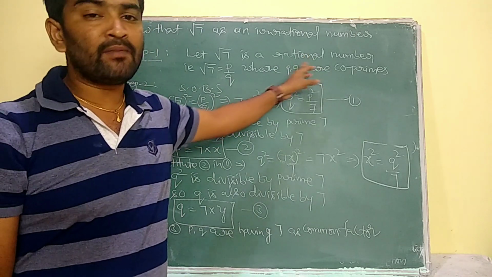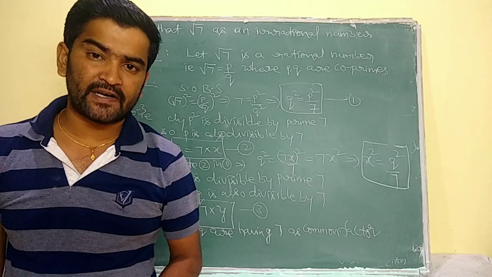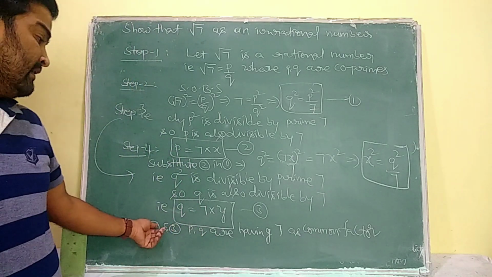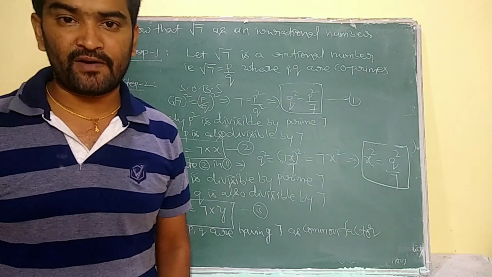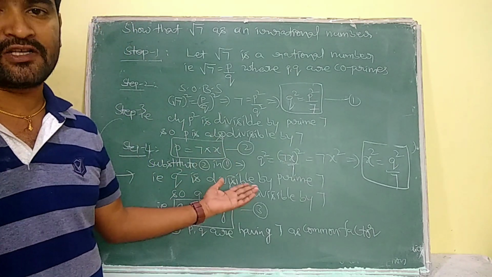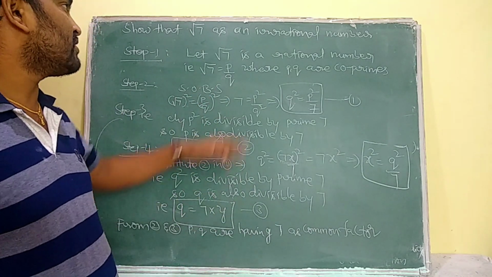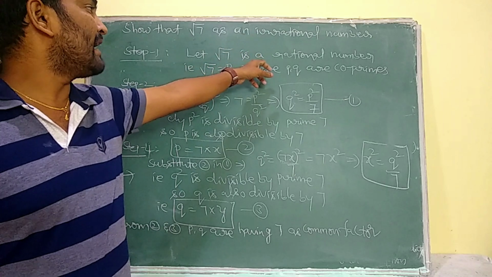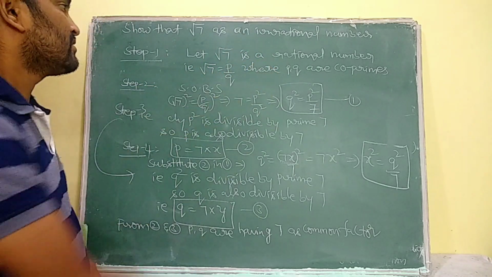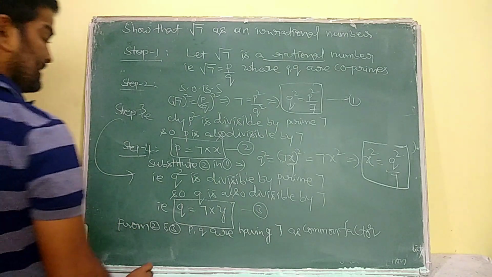As p comma q are co-primes, p comma q must have 1 as the greatest common factor. But here we arrived that 7 as the greatest common factor. That contradicts our assumption. That means that opposes our assumption. So our assumption is wrong. What is our assumption? Root 7 as a rational number. That's our assumption. So this assumption is wrong. That means root 7 is irrational.